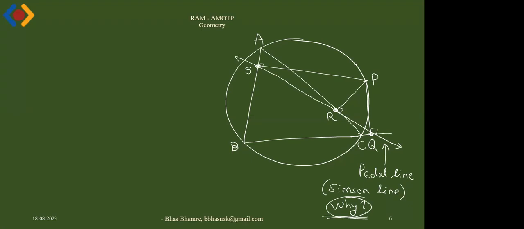So it goes a little bit tougher, or I think for that we need to do some angle chasing. That is also one idea, but it goes a little bit longer, I hope. But that is also one part.